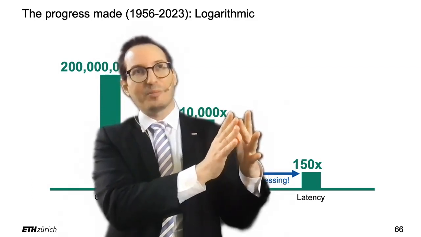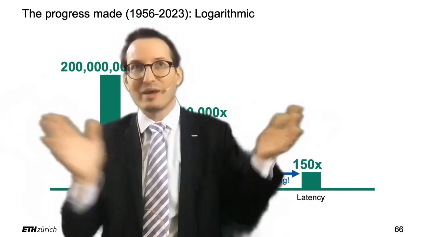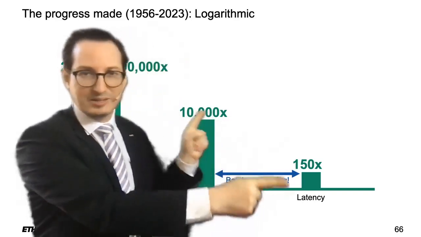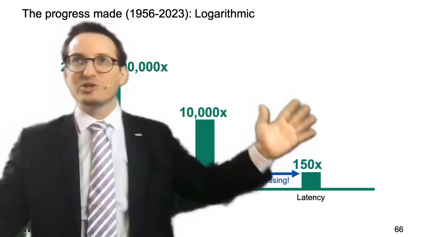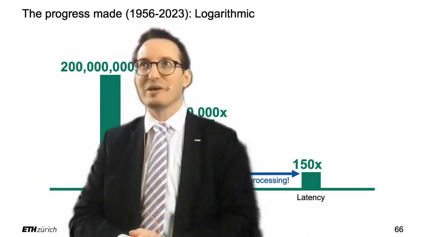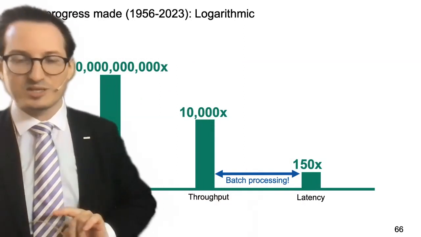So you see that the after picture is totally different. I'm actually spending most of the time waiting and a very small amount of time actually downloading. This discrepancy completely changes the way it feels to ship data over the network. So this is the reason why we use batch processing.